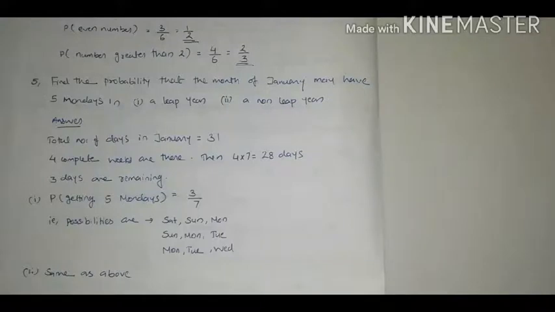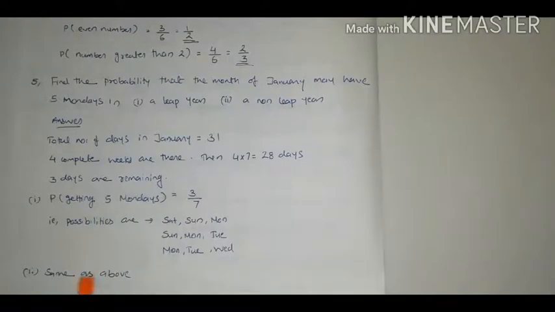Then there may be a doubt: which are the possibilities for getting 5 Mondays? The possibilities are either Saturday, Sunday, Monday, or Sunday, Monday, Tuesday, or Monday, Tuesday, Wednesday. These three are the possibilities for getting 5 Mondays.